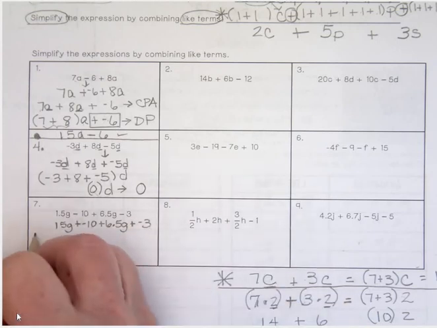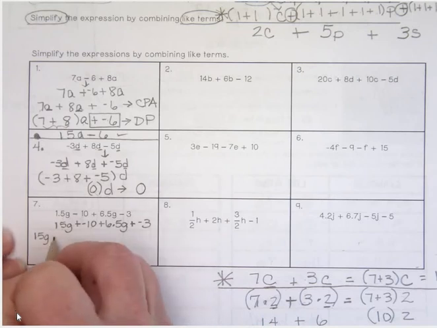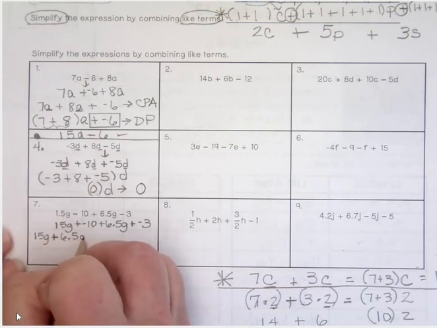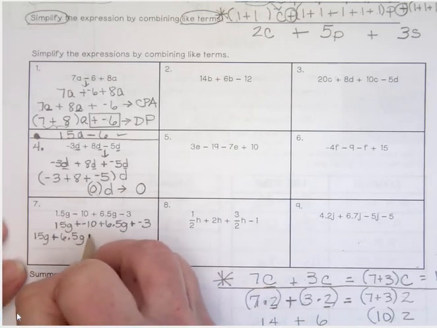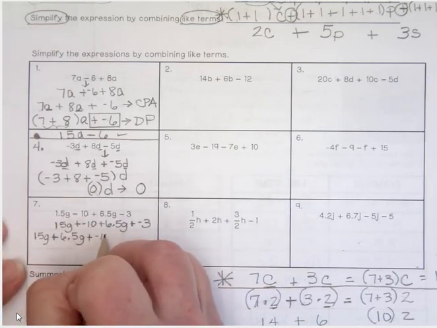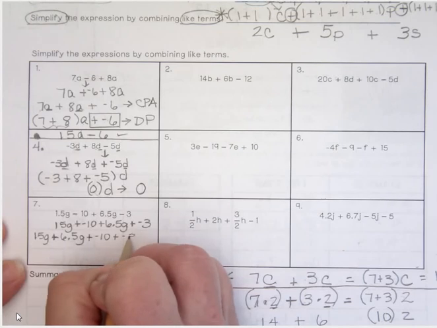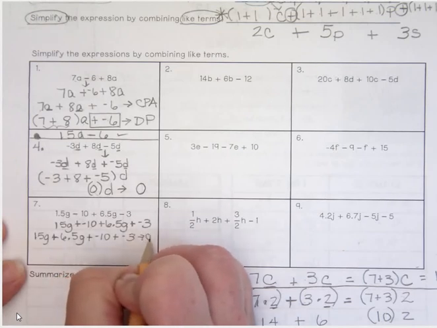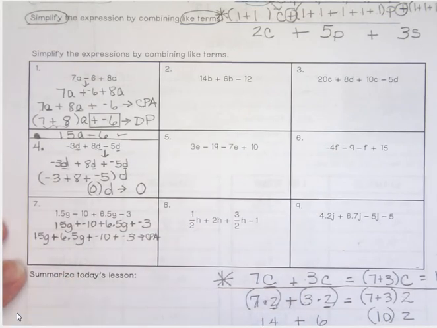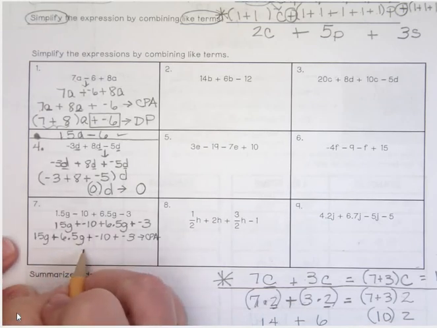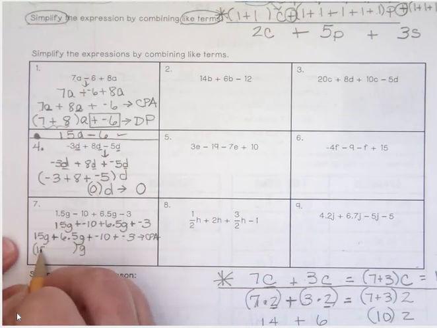I'm going to use my commutative property of addition to reorder so that I can combine my like terms by factoring out that common factor, summing the coefficients.